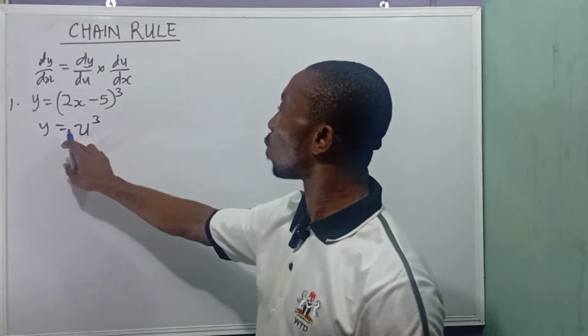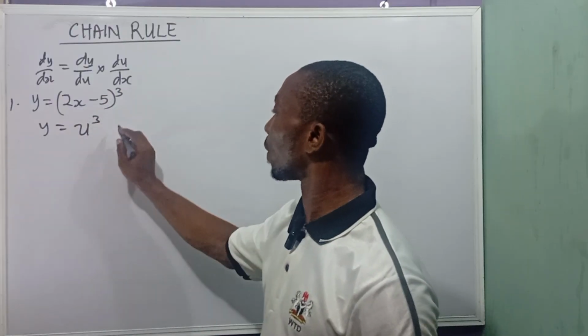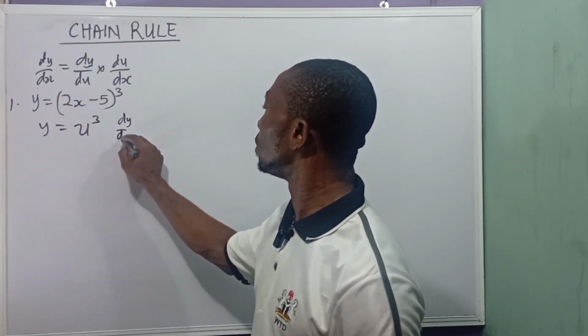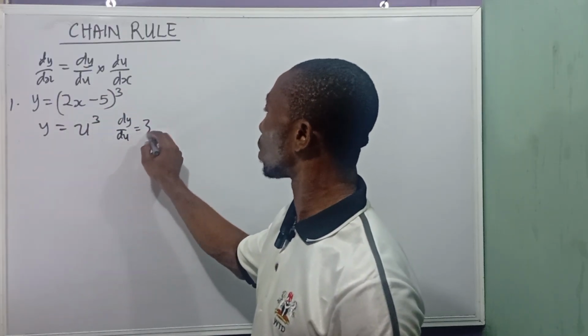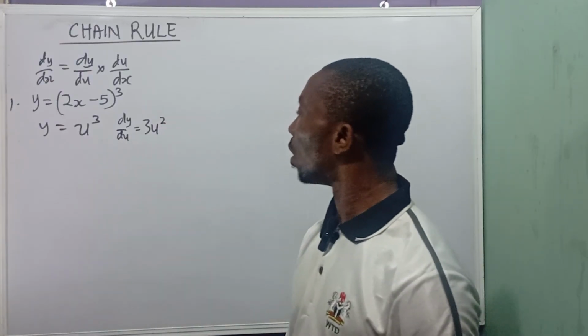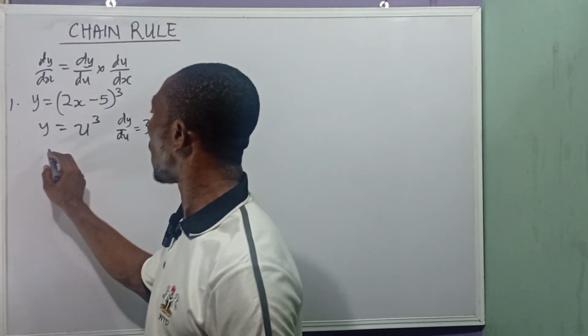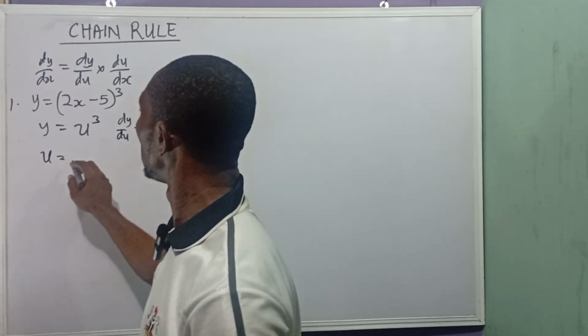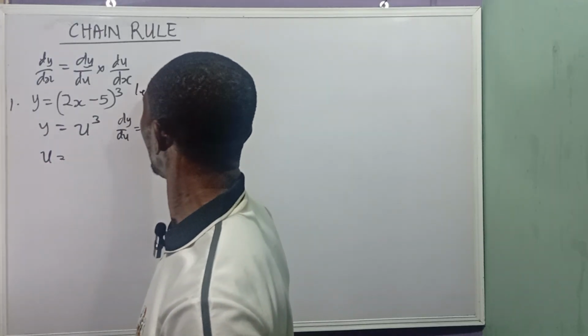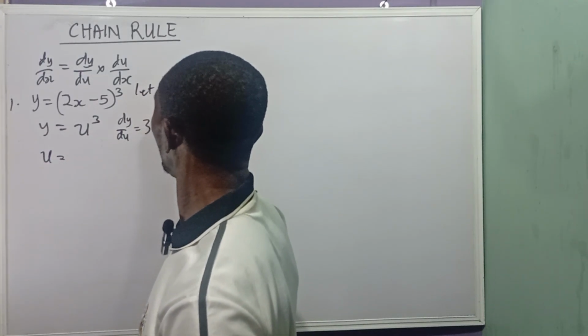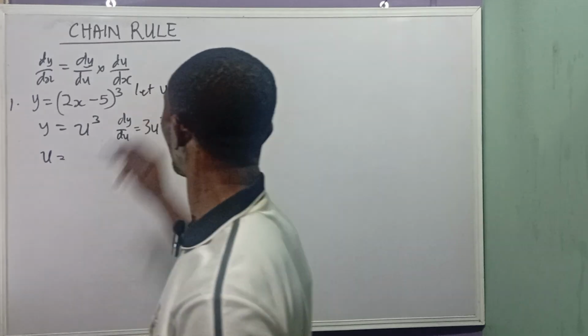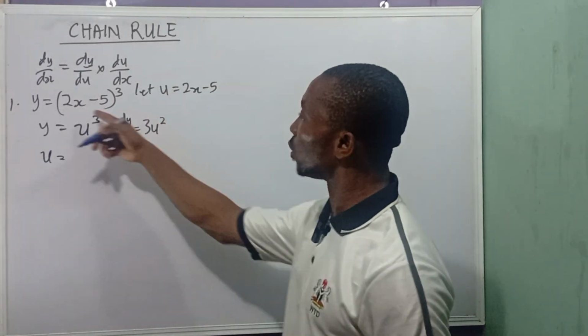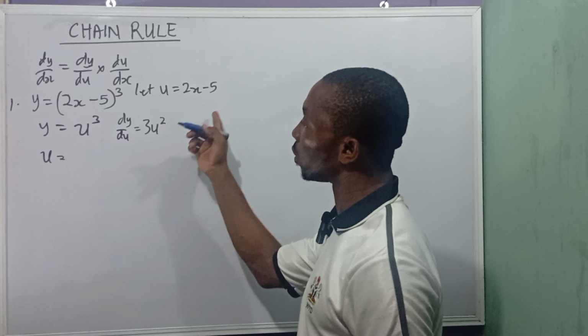So if y equals u raised to the power 3, then dy/du equals 3u squared. Alright, and u is what? Okay, let u be 2x minus 5. Our u is what's in the bracket, 2x minus 5.